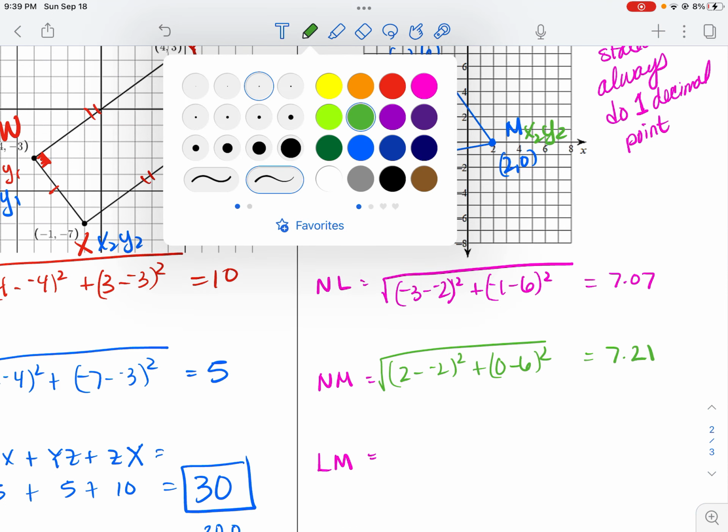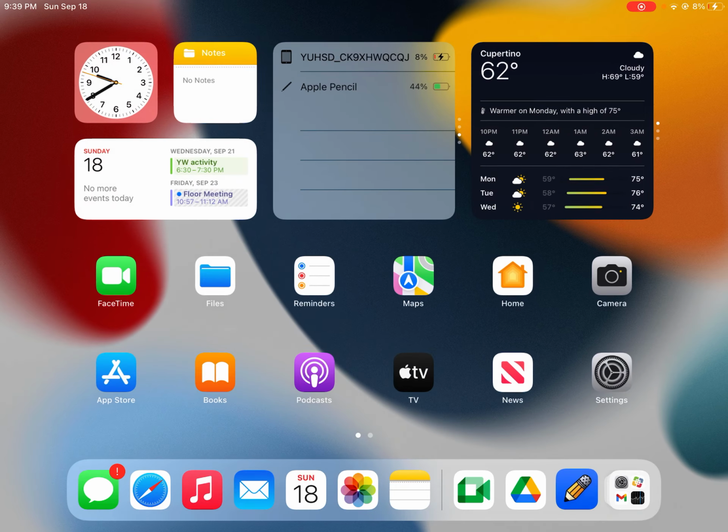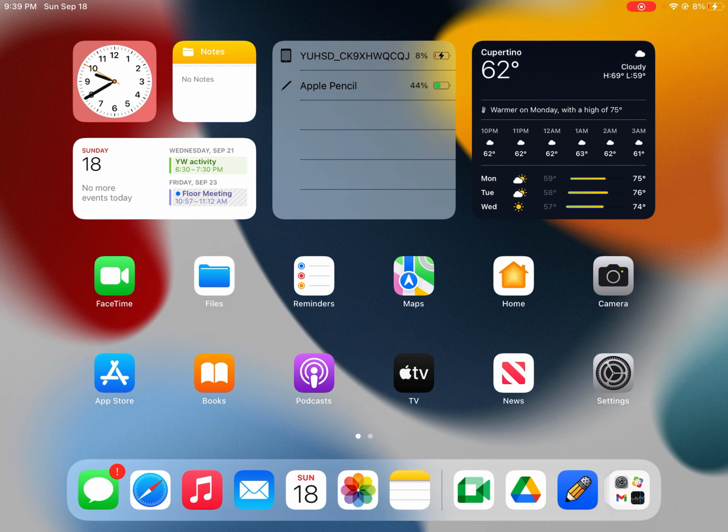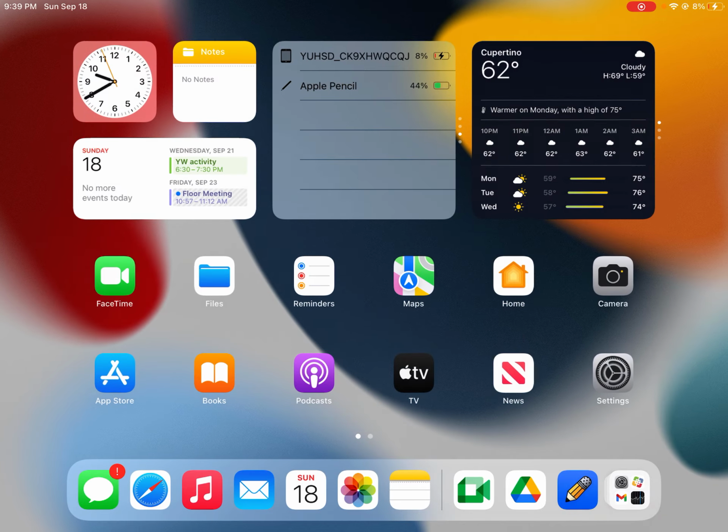And then finally, we're going to finish it off with labeling L x1, y1 and M x2, y2. So that I get 2 minus a -3 squared plus 0 minus -1 squared. That's 5 squared plus 1 squared. It's 26. So I need the square root of 26, 5.09.